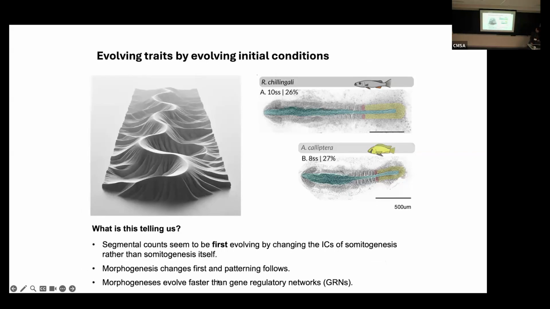And now this has got me thinking that actually it is the initial conditions that are easier to change, right? And that might be also quite a direct readout of the environment, complete speculation, using, for example, things like maternal factors, which is something that we're very interested in for the future, particularly in this case, considering that the actual genomes of these two species are practically the same.